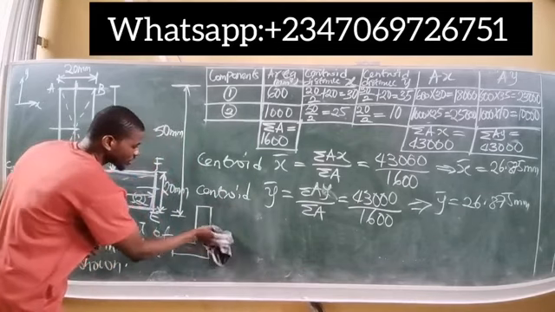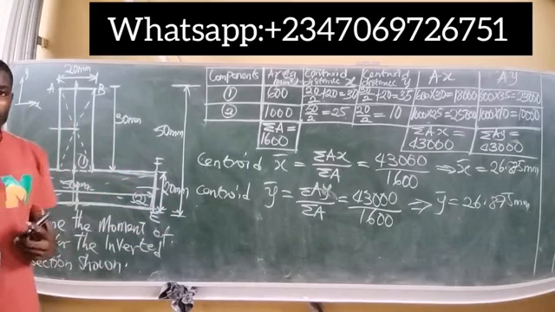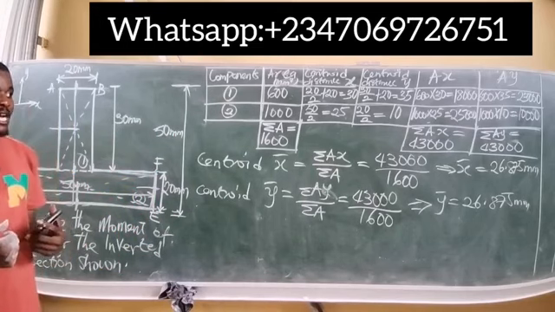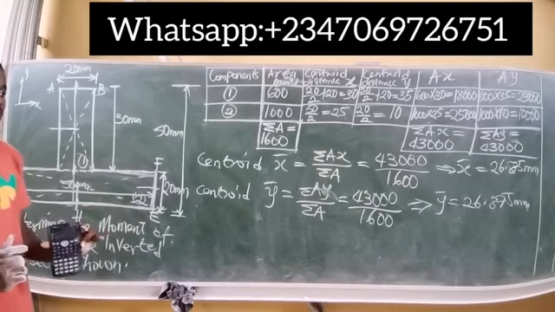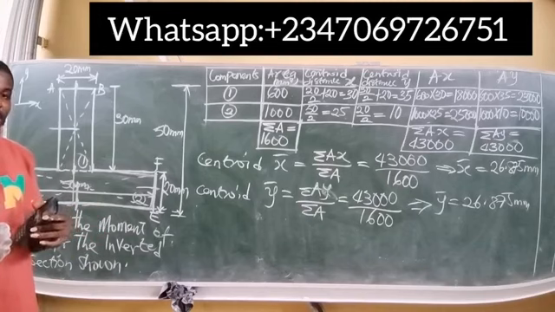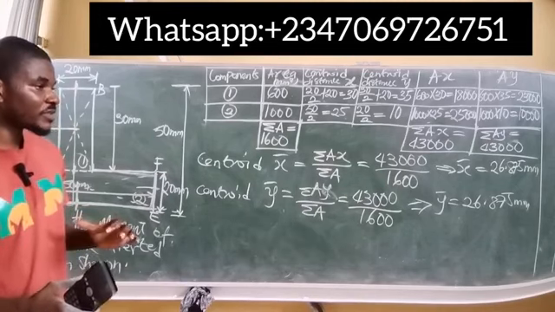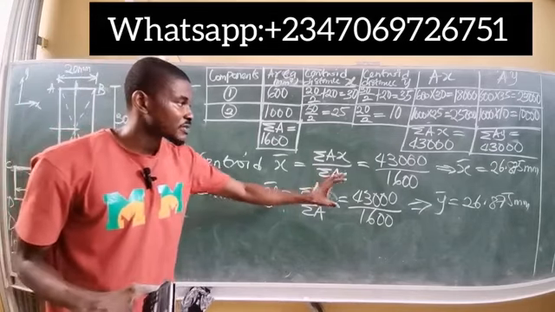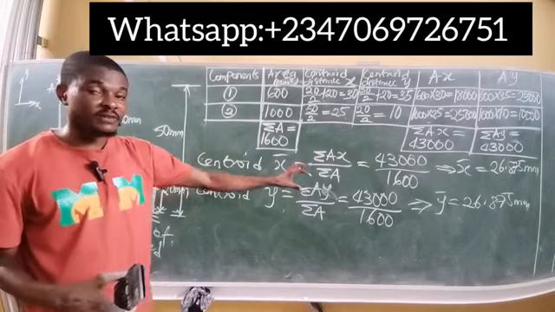But then the question is to find the moment of inertia, and we want to employ the parallel axis theorem to find it. So we've known the centroids, and to find the moment of inertia, this is what we'll do. I will pick out these values of centroids and keep them here because I need to make space on the board.